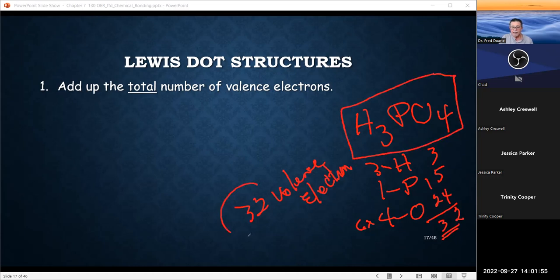Okay, that is the number we got to work with. And the point here is that 32, that's it. You cannot add more or subtract more, that is the number you got to work with, okay? And with that, we would tell you, okay, this is a central atom right here.